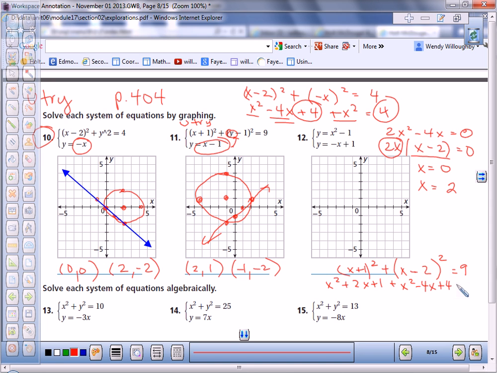and then minus 4. So we divide by 2. And we factor. Wait a second.